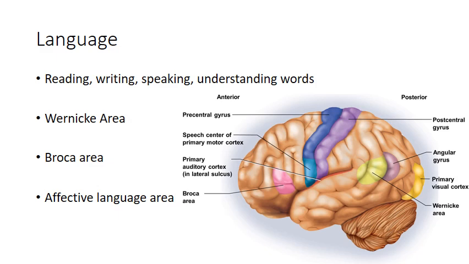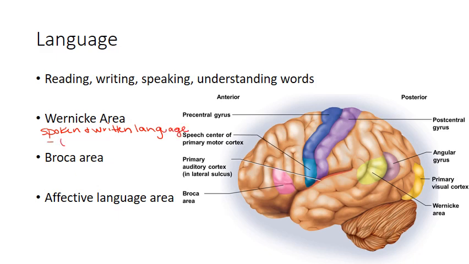The first one I have listed here is Wernicke's area. That is also going to be called the posterior speech area. Right here, so it's posterior in the brain. It's this limeish green color. This is going to be primarily involved in recognition of spoken and written language.